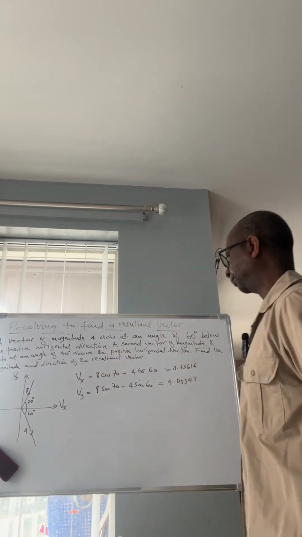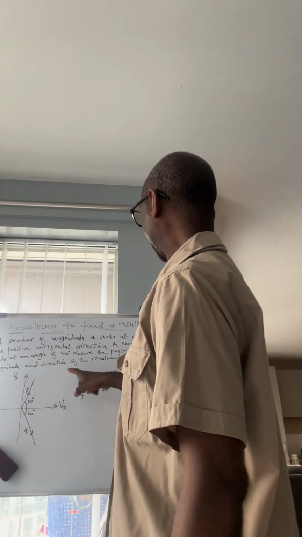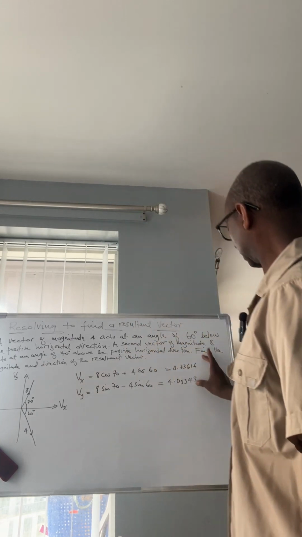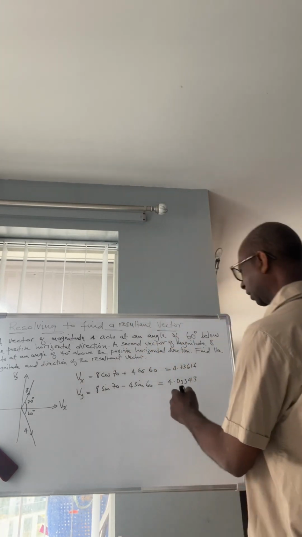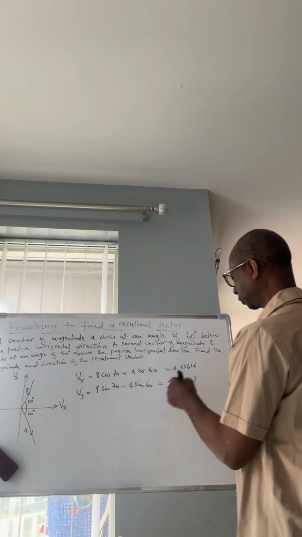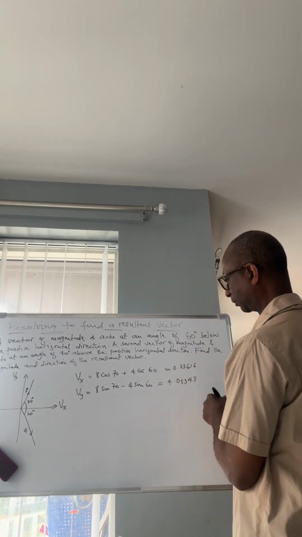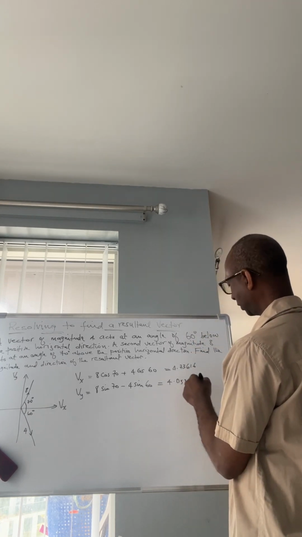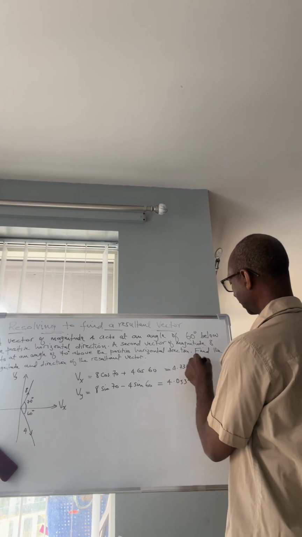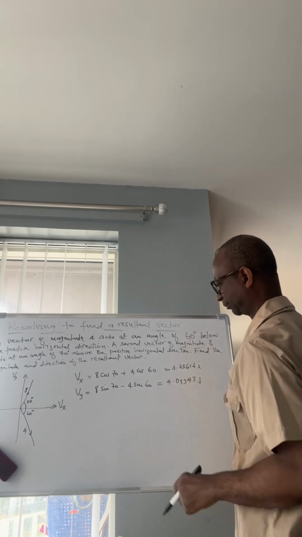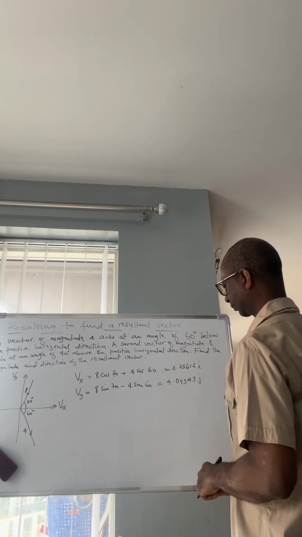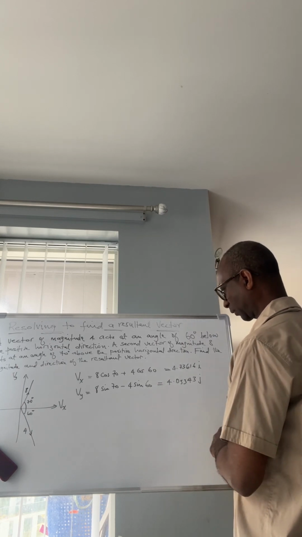So now we are asked, we have these answers here. If now you want to convert this to the unit vector, this is going to be I, this is going to be J. Write it in a vector form.